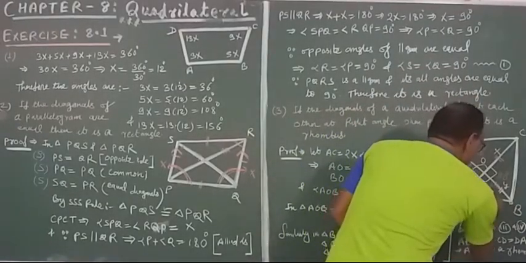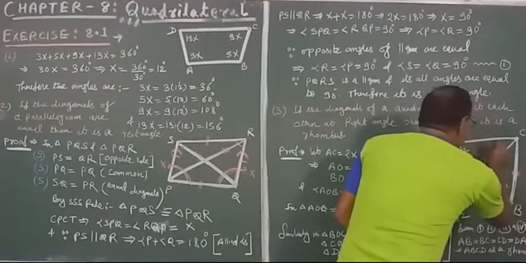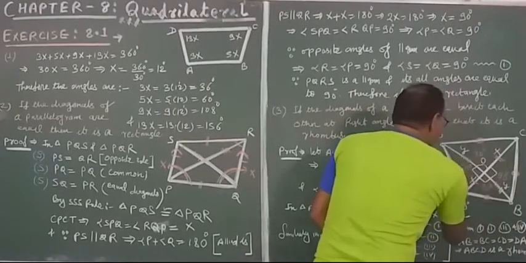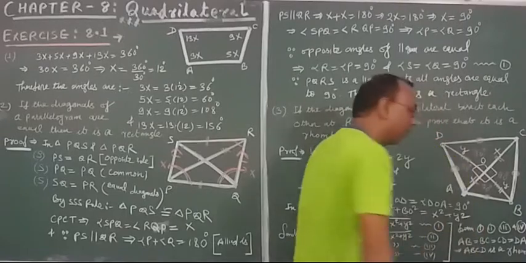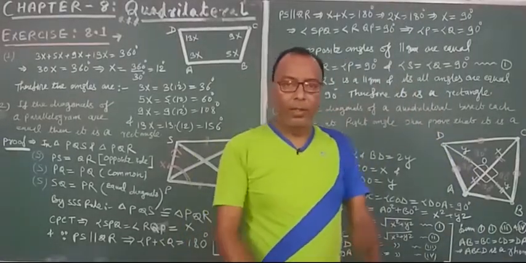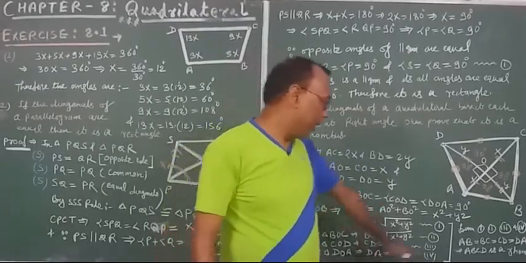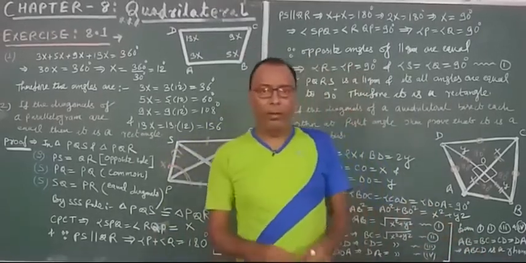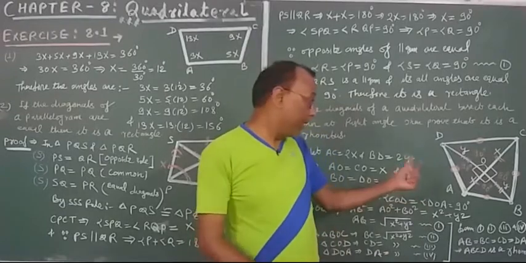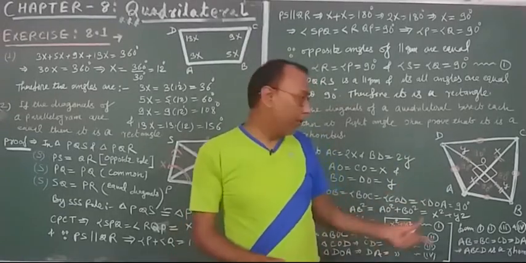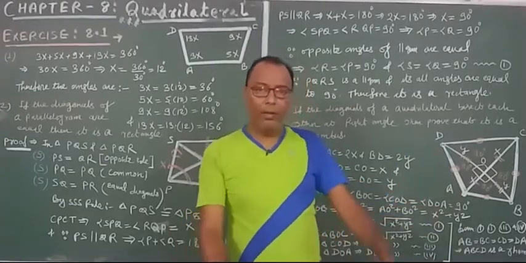All the 4 sides are equal, and this happens only in a rhombus. Therefore, ABCD is a rhombus. So in this way we can prove that the given quadrilateral is a rhombus.